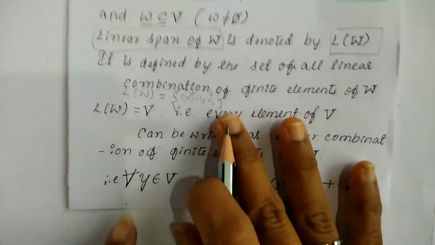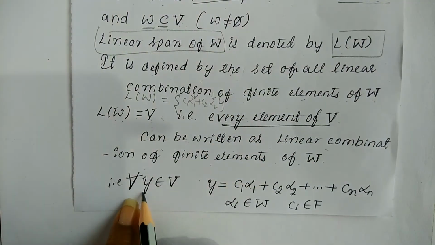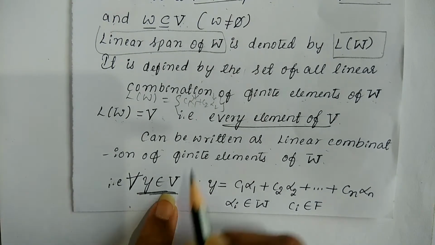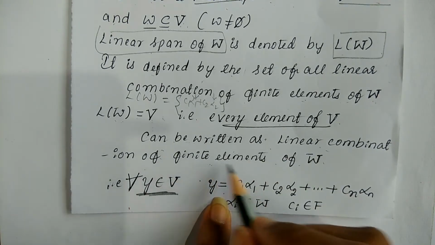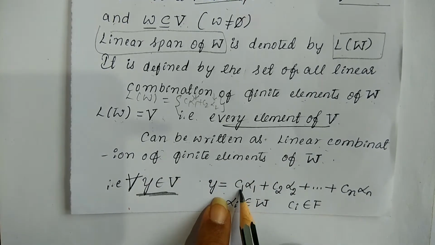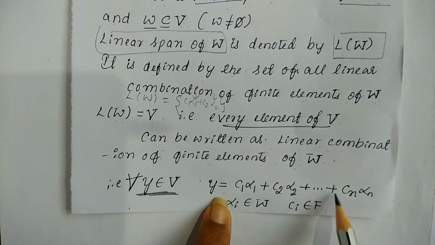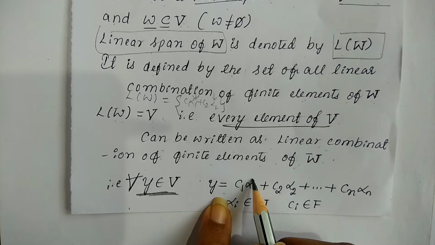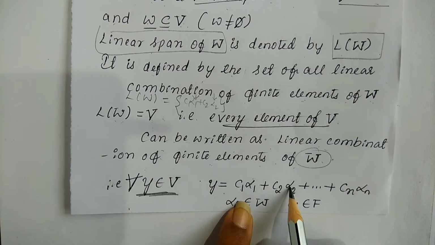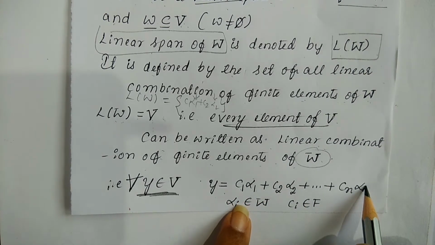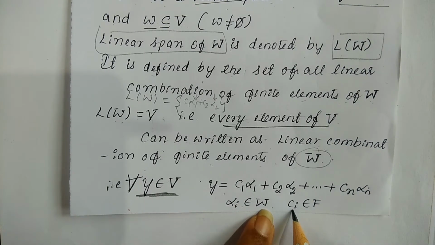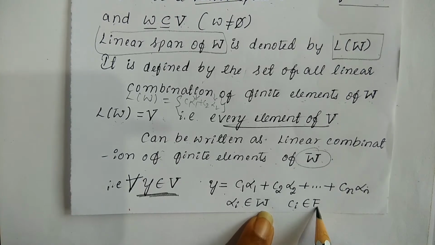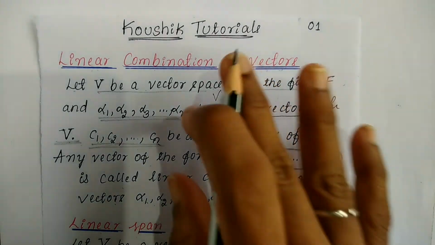So every element of V, that is for all Y belongs to V, can be written as a linear combination of finitely many elements of W, that is Y equals C1 alpha 1 plus C2 alpha 2, and so on, plus Cn alpha n, which is nothing but a linear combination of the elements of W. The elements alpha 1, alpha 2, alpha n are finitely many elements of W, and the Ci's, the scalars, belong to F. So this is the definition of linear combination.